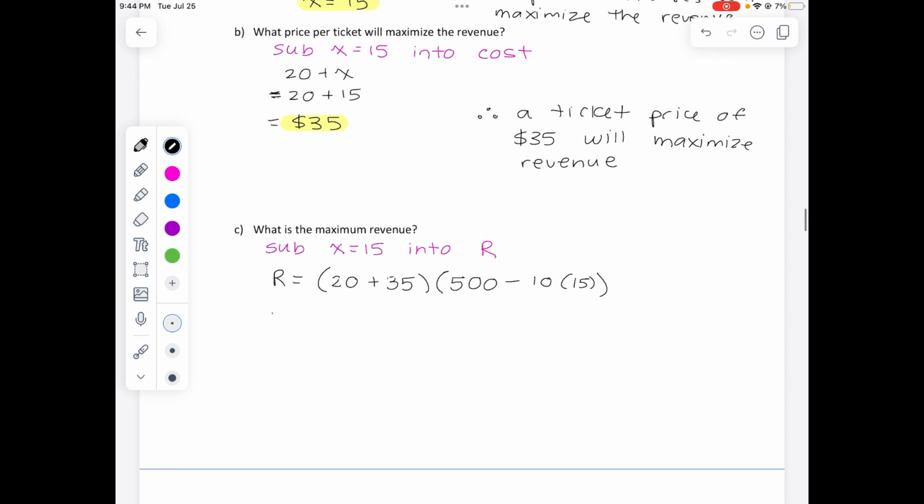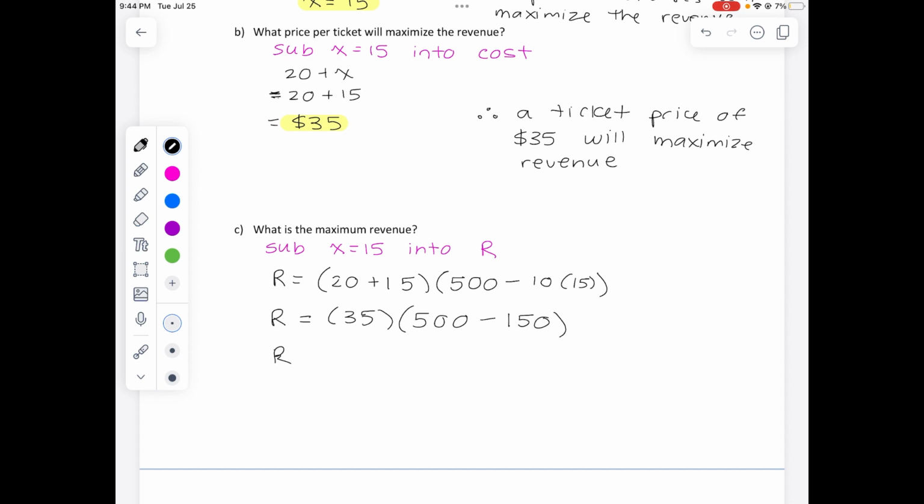Okay, and then I'm just calculating. So we already said that the first bracket was equal to 35. Oh wait, why did I write 35? Sorry, that should be 15. Okay, this is 35. And then this is 500 minus 10 times 15 is 150.